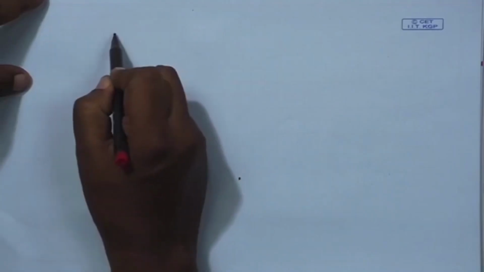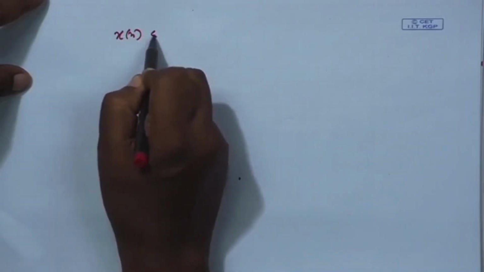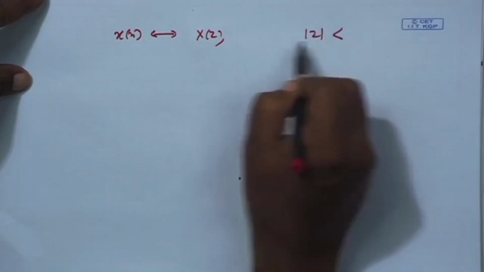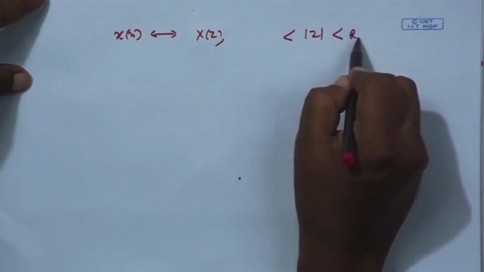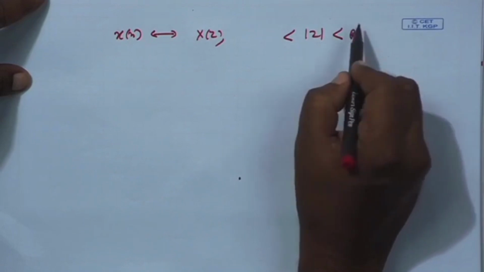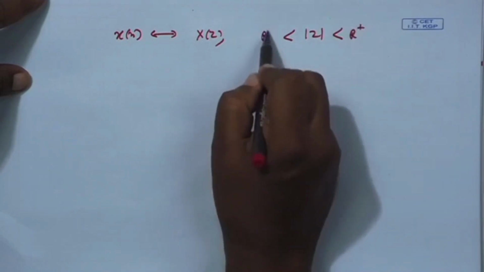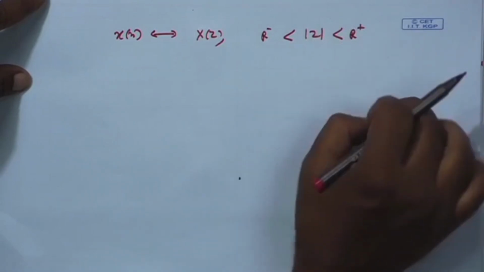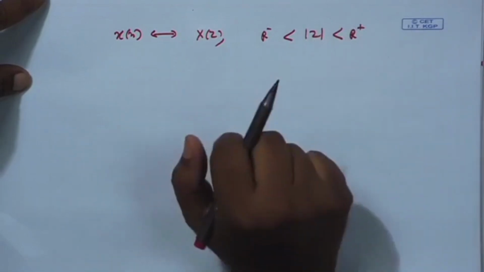Then, suppose x n has z transform X z as before for r minus less than mod z less than r plus. In general it is the annular ring between two concentric circles.